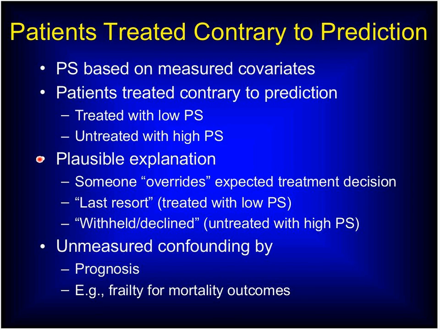And a possible explanation, and again, this is in retrospect, seeing that they have such a high mortality, could be that someone overrode the expected treatment decision, for example, because they were very sick, very advanced stroke, and someone just said, well, let's try this as a last resort, or because they were too sick to be treated, and treatment was withheld or declined. So it would be the untreated with a very high propensity score.